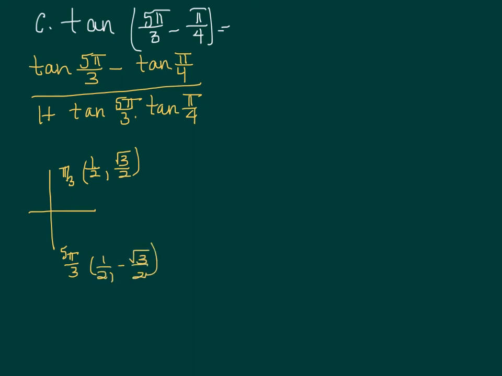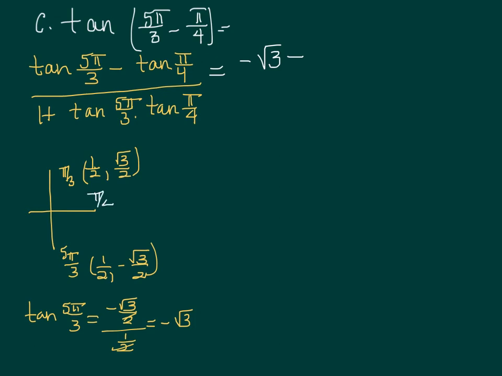Now when you find tangent, remember you have to do the y over your x. The 2's cancel, so it's a negative square root of 3. So tangent of 5 pi over 3 is negative square root of 3. Minus pi over 4 is this coordinate.